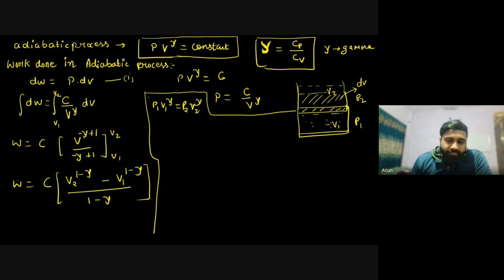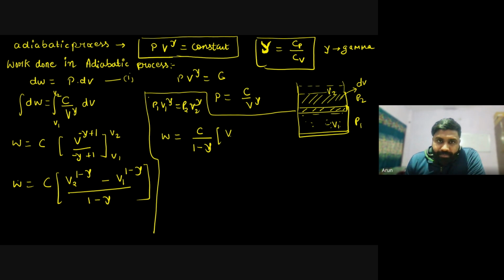Now we can write here that work done is equal to C upon 1 minus gamma into V2.